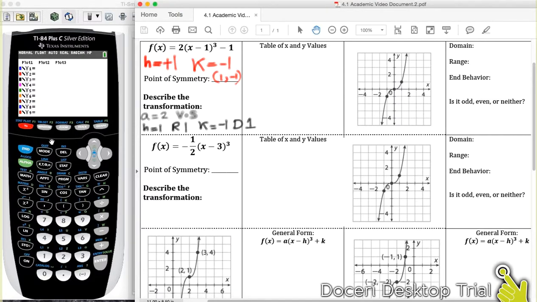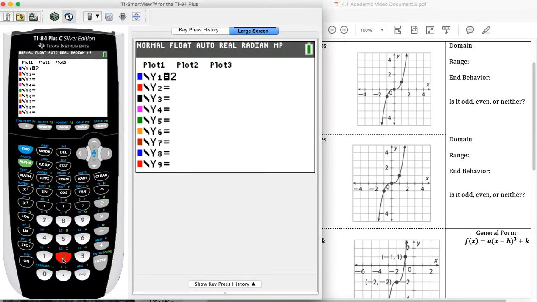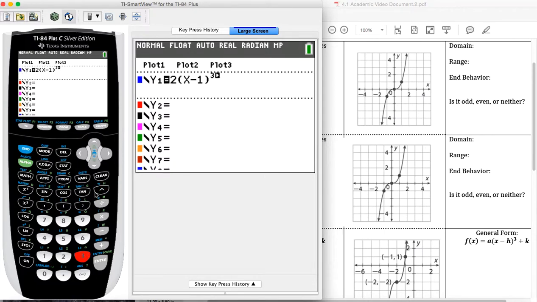Now let's put that function into y equals. And then let's go to the table to get some points to be able to graph it.